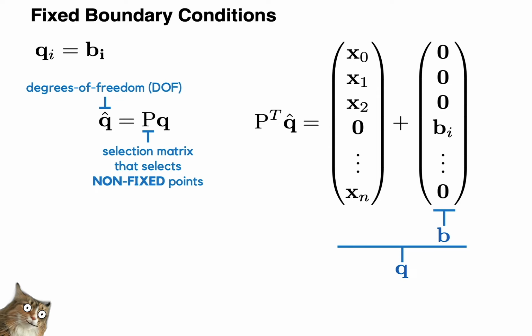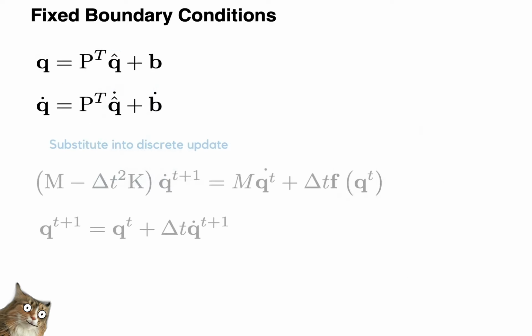And this is exactly what we want. From this definition of Q, we can compute Q dot by differentiating with respect to time. Now remember that b is a constant vector, so b dot is 0, and so it simply goes away.